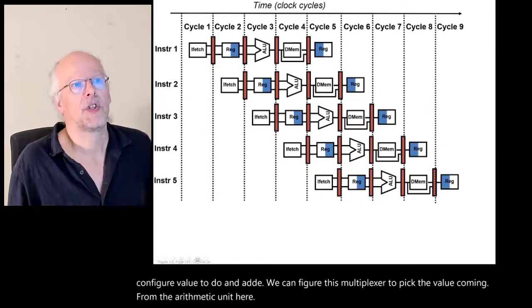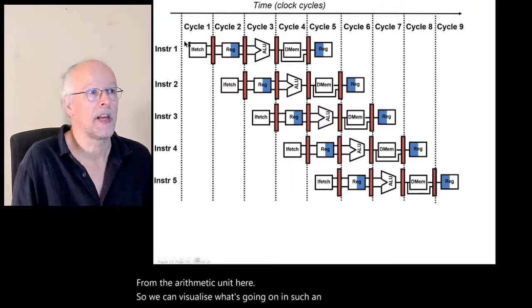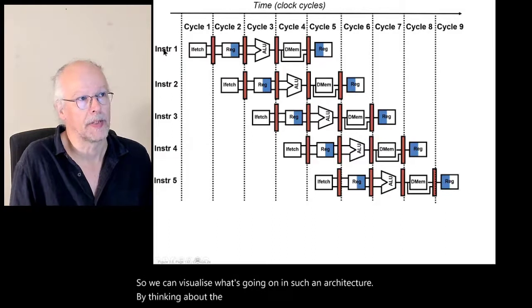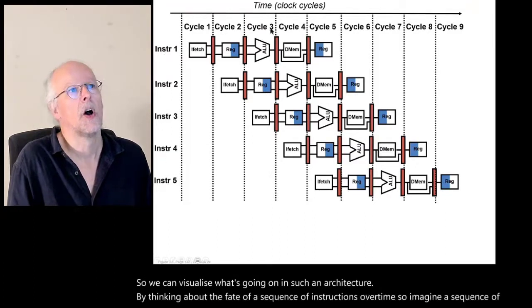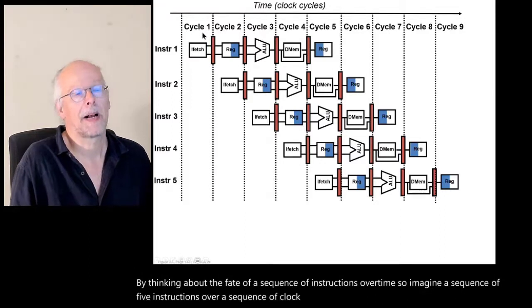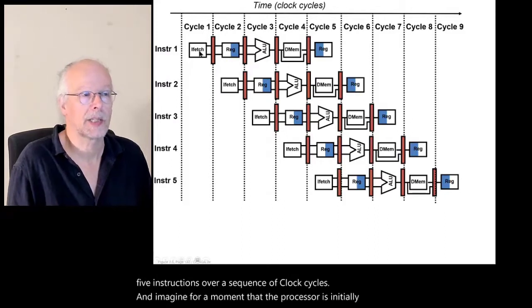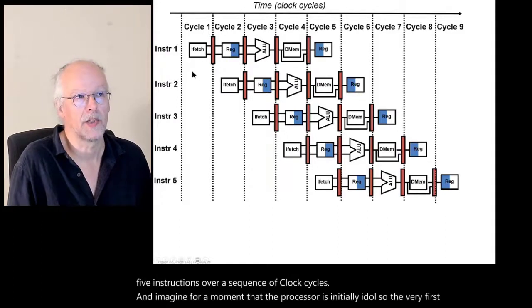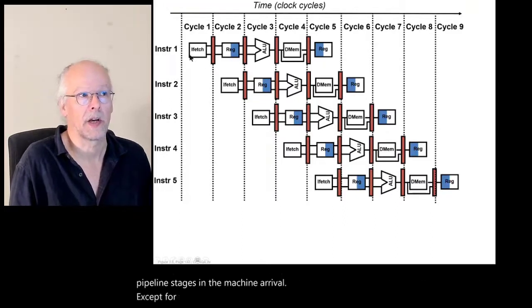So we can visualize what's going on in such an architecture by thinking about the fate of a sequence of instructions over time. So imagine a sequence of 5 instructions over a sequence of clock cycles, and imagine for a moment that the processor is initially idle. So in the very first cycle, all of the pipeline stages in the machine are idle, except for this one, which is fetching the current instruction.